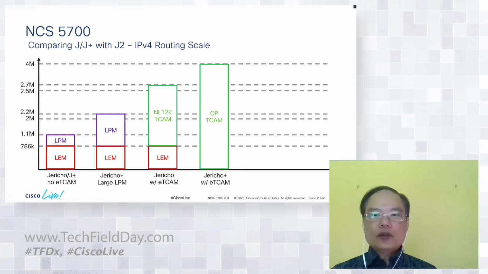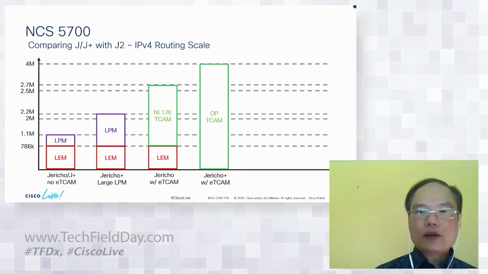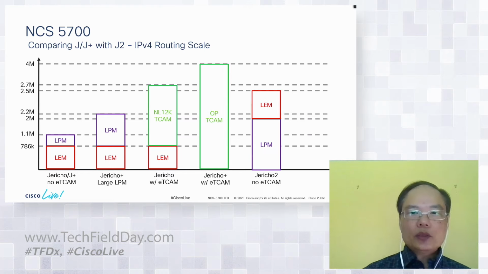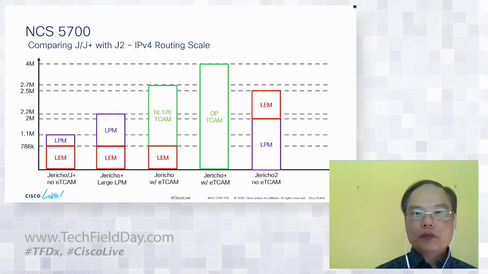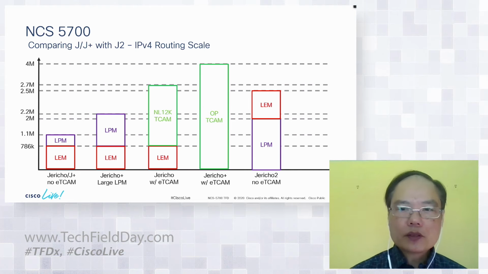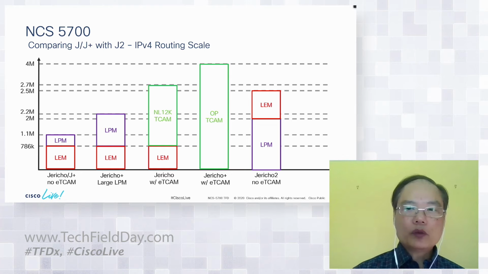This is a chart on current Jericho and Jericho Plus route scale. With Jericho II, without external TCAM, it could support roughly 2.5 million IPv4 prefixes, which is larger than the 2 million prefixes of Jericho Plus with large LPM version.